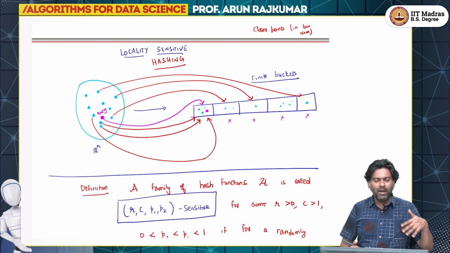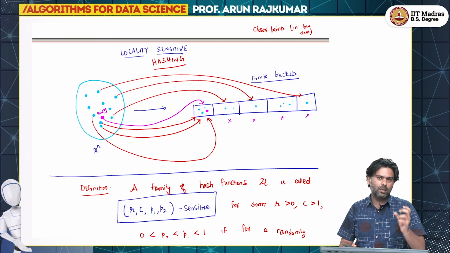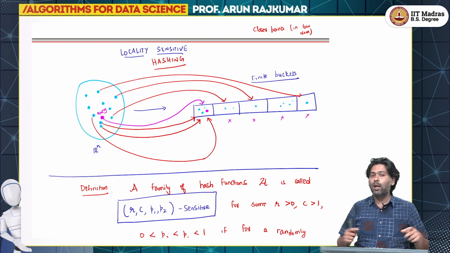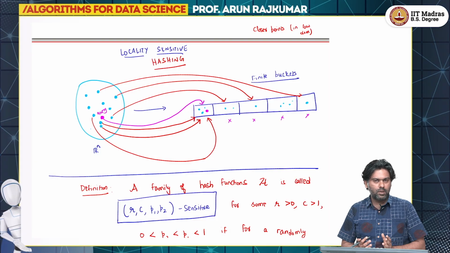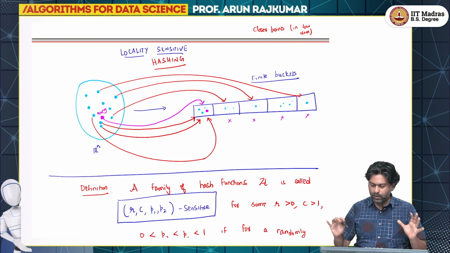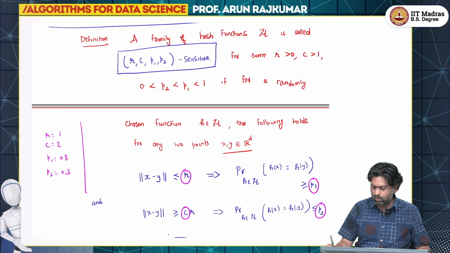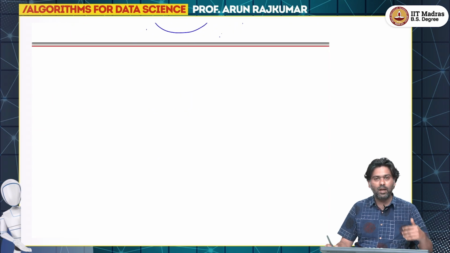I might miss it with small chance, but we are in the approximate world, so that is still okay. With high probability, the nearest neighbor is going to get hashed to the same bucket, and because I am only looking at the bucket where it gets hashed, not at all the data points but only a subset of data points where I am measuring distances, this will be sublinear. Of course, I am just talking at a high level, and it has to be made precise, but we are getting there.